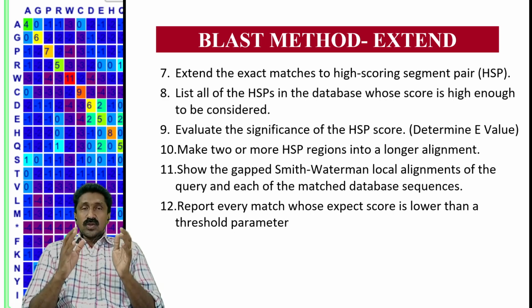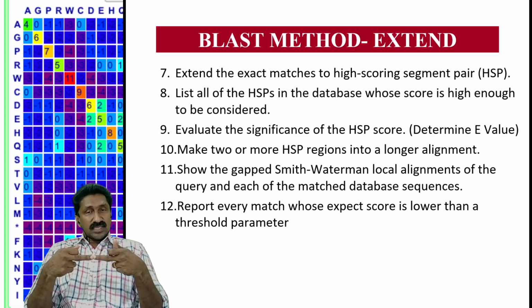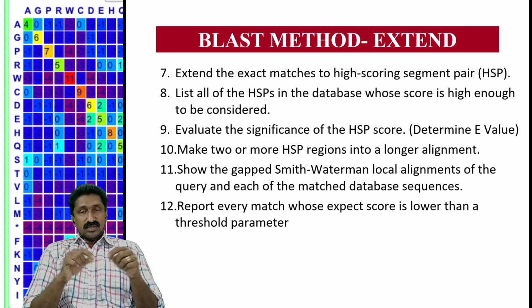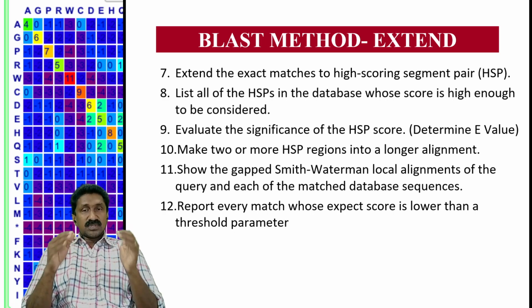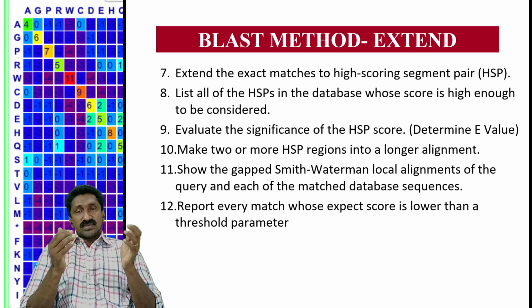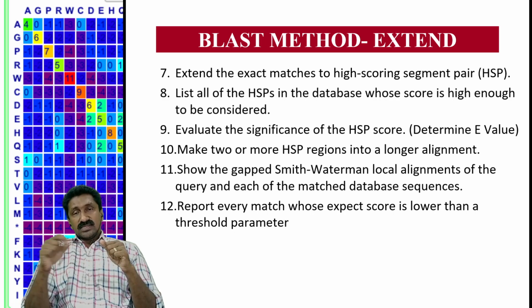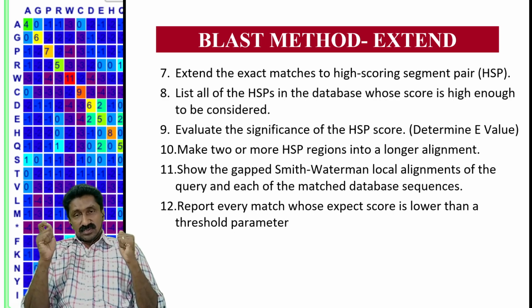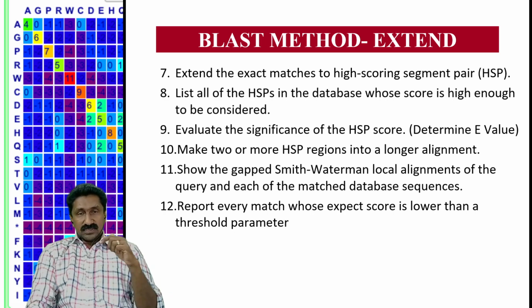Then make two or more HSP regions into a longer alignment. If you are joining two HSP regions, you will get a longer alignment, and so the gapped Smith-Waterman local alignments of the query and each of the matched database sequences. Finally, the gaps will be inserted using the local alignment algorithm, and finally you will have the entire DNA sequence aligned.